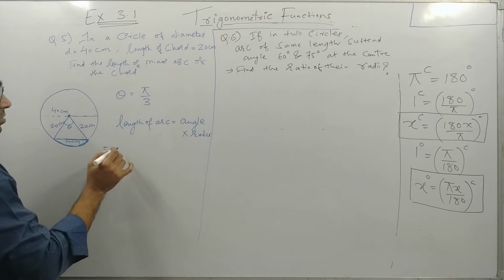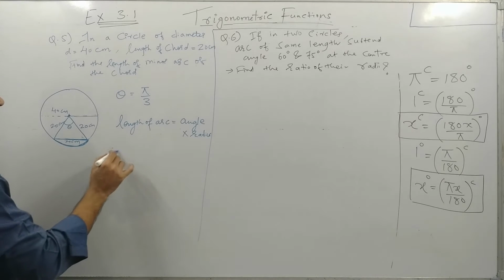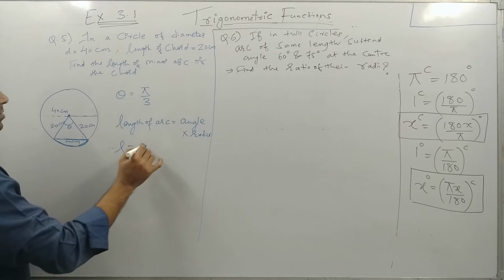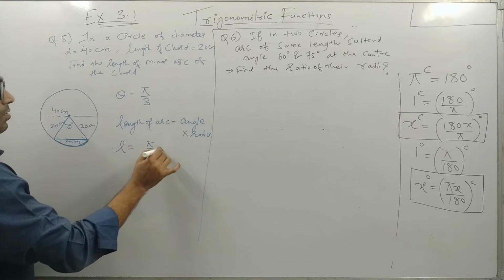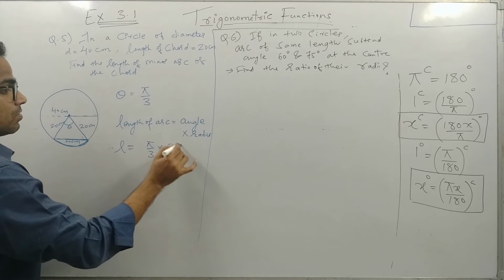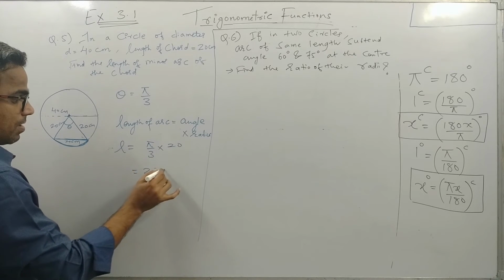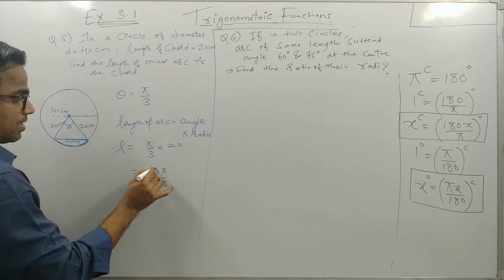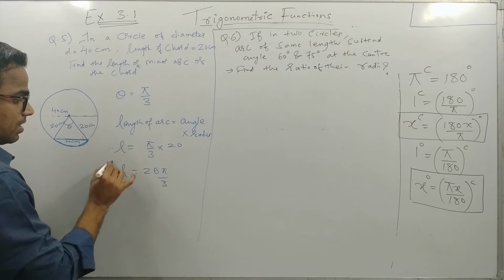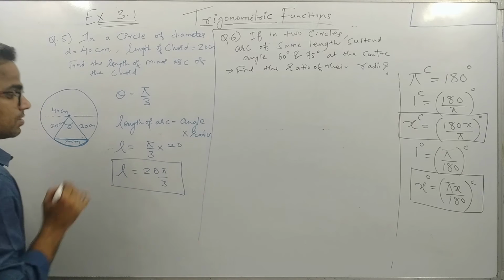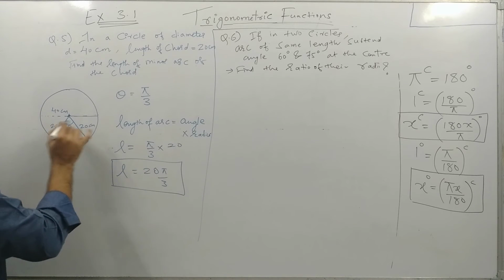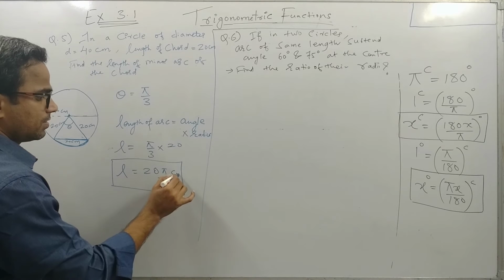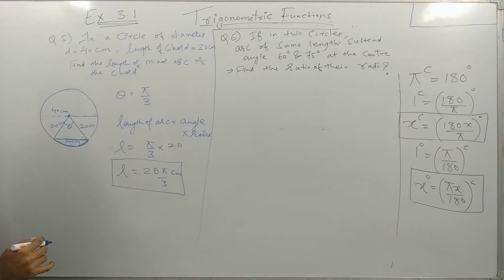So length of arc, our L, will become what? It will be angle, which is pi by 3, into radius. Radius is 20. So this becomes 20 pi by 3, right? So this is in radian. So length is this much. So if these all are in centimeter, we can write this in centimeter, right?